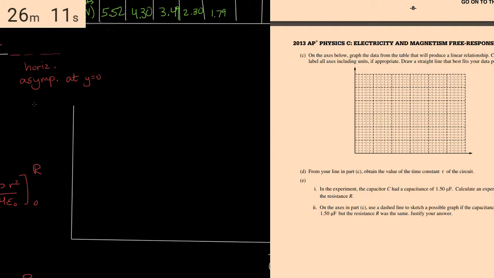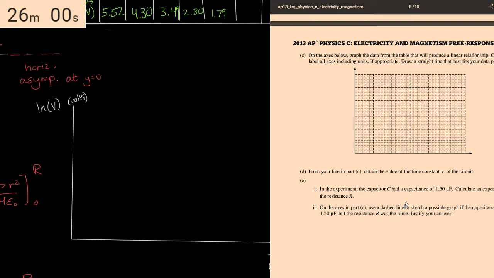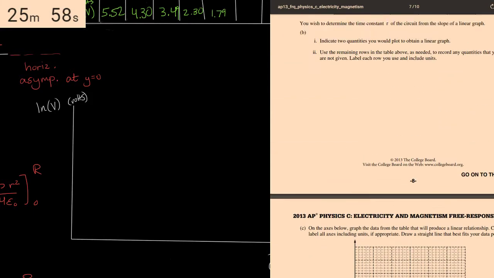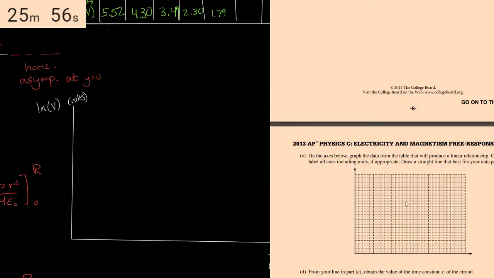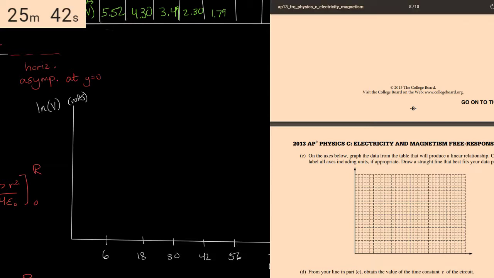So we've got time there, and we've got the natural log of v here, which is in volts. We've got time going from, what was it, 6 seconds and then adding 12. Yeah, 6, 18, 30, 42, 56, if I'm not mistaken.